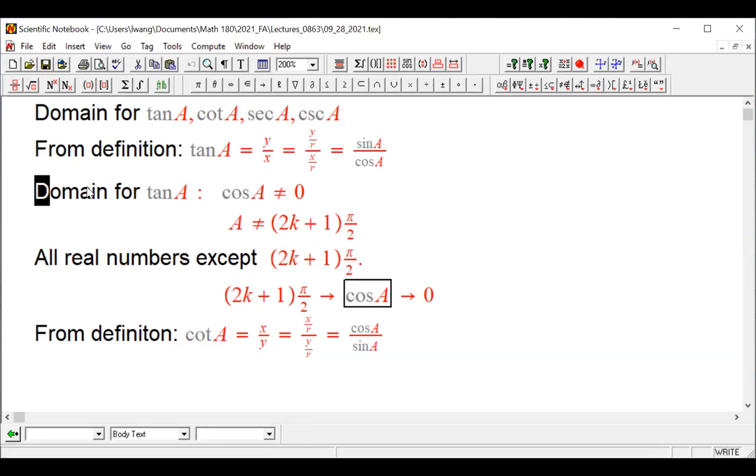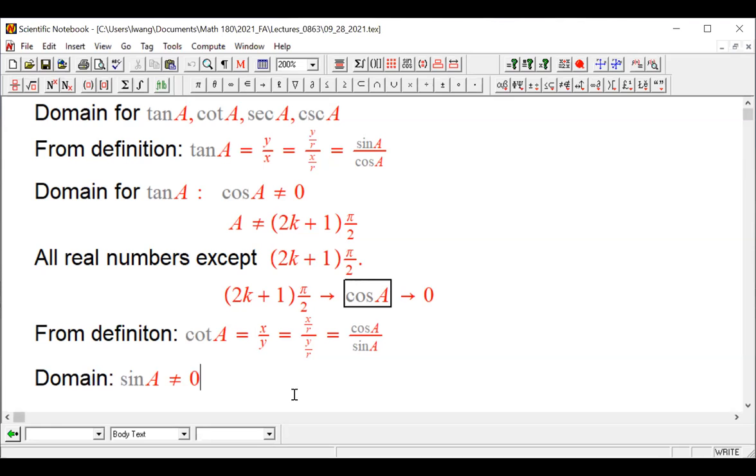So to determine the domain, sine A cannot be 0, right? Are you guys with me?